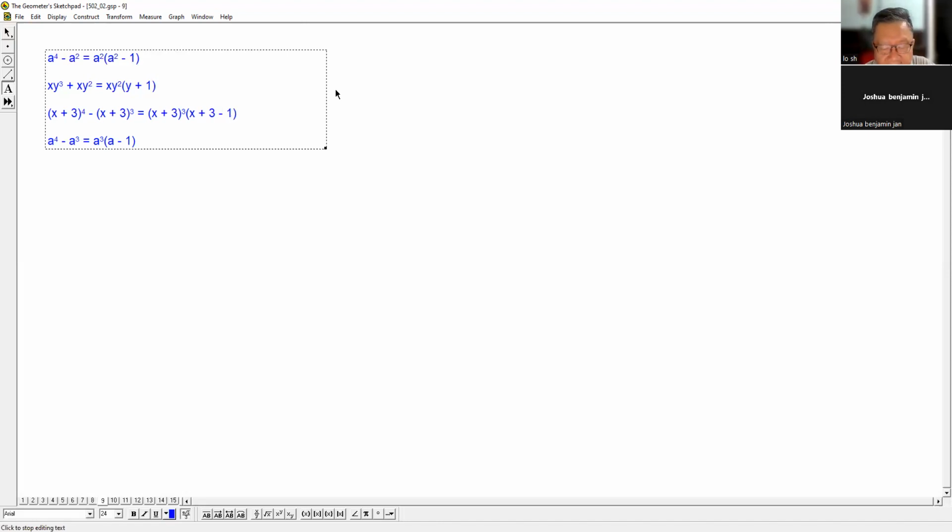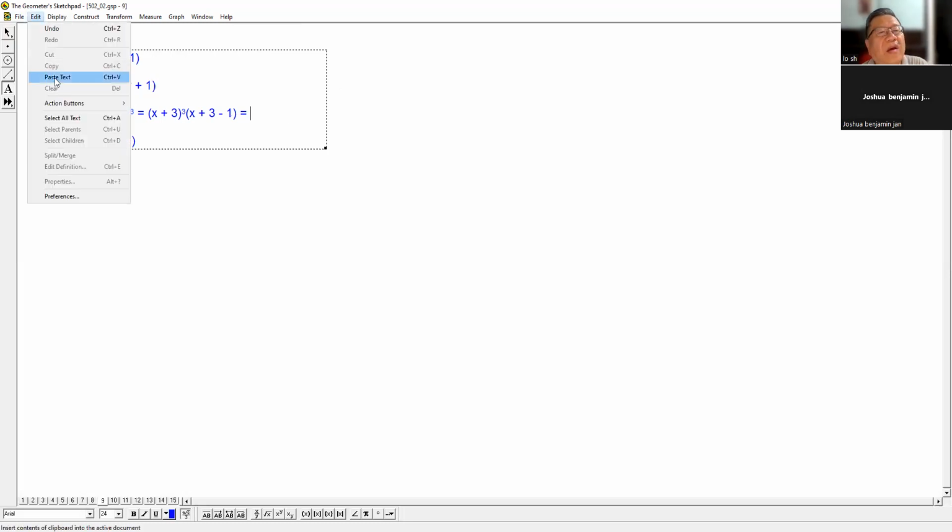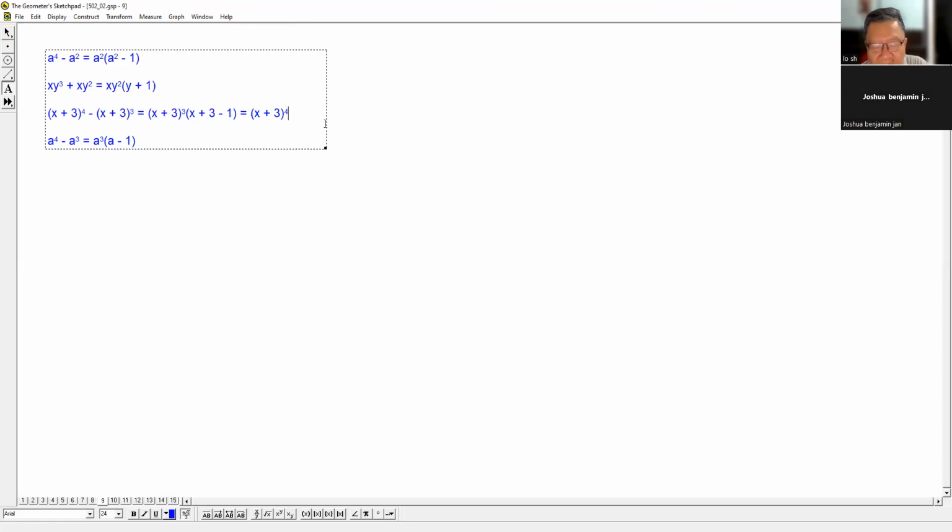Then it will be the same: (x plus 3) to the power of 3, then the other one is x plus 3 minus 1. So this one is x plus 2. Is this okay?